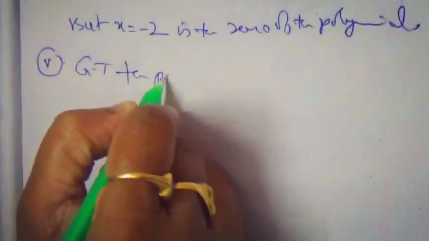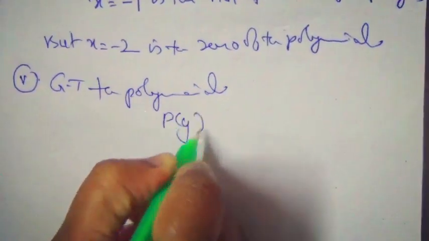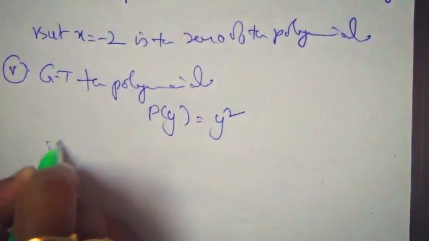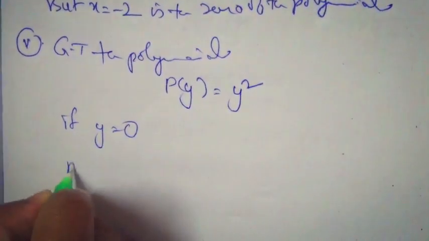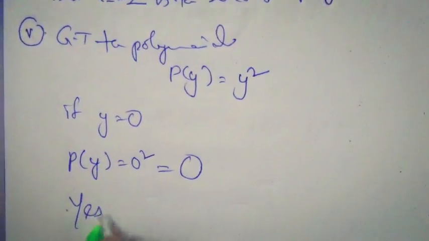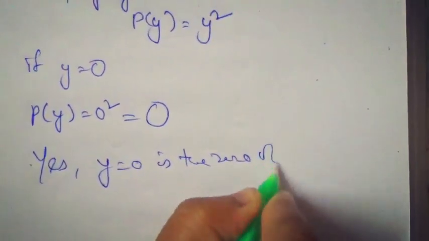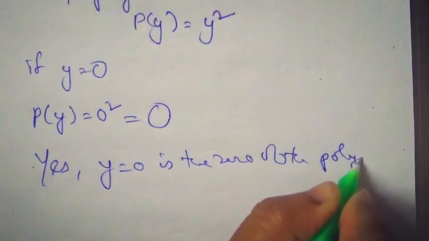Okay, so fifth sum. Given that the polynomial p of y is equal to y square, if y is equal to 0, then p of y is equal to 0 square, that is equal to 0. Yes, y is equal to 0 is the zero of the polynomial. That's it. Sixth sum.